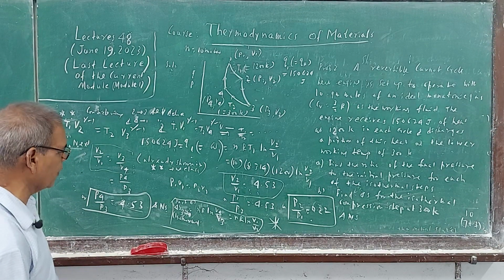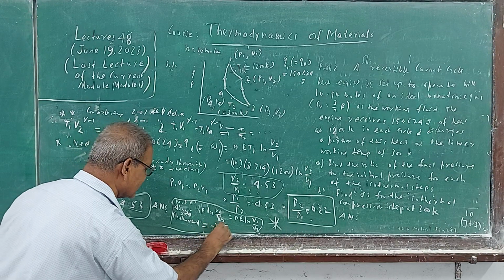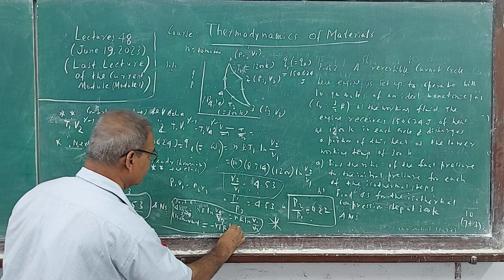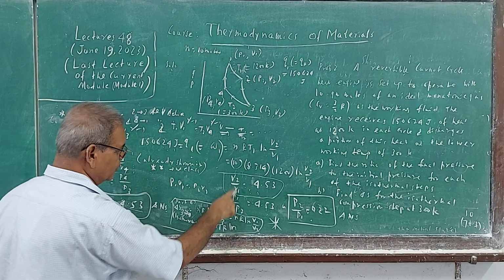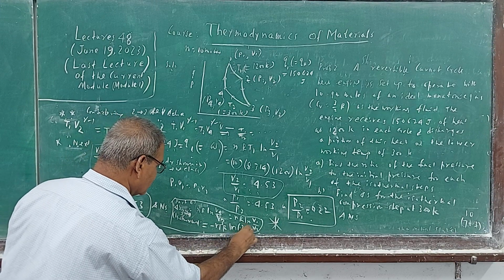V2 by V1 is this inverse, 0.22, so ln 0.22.